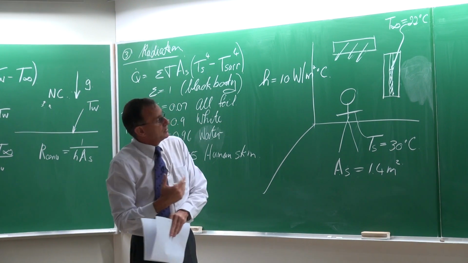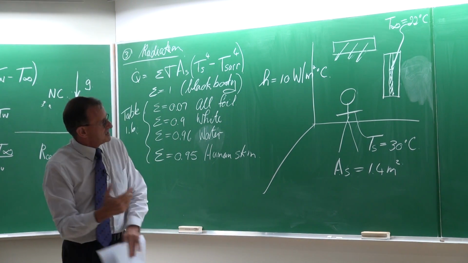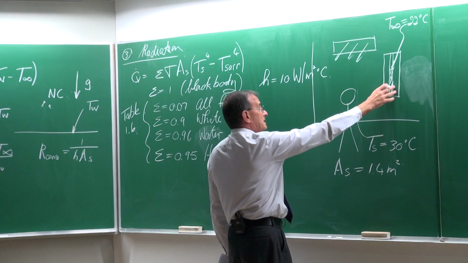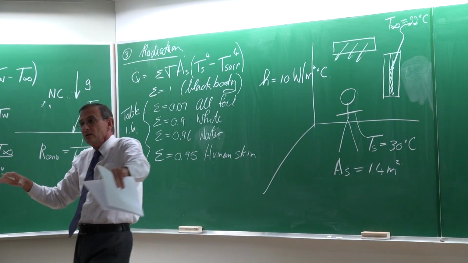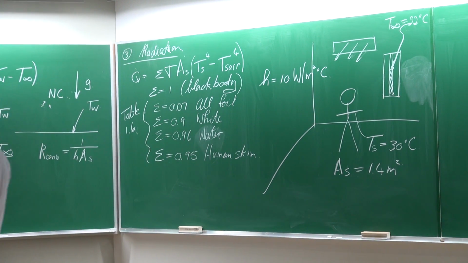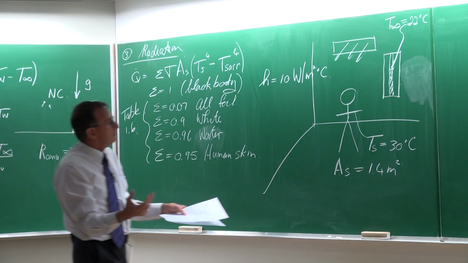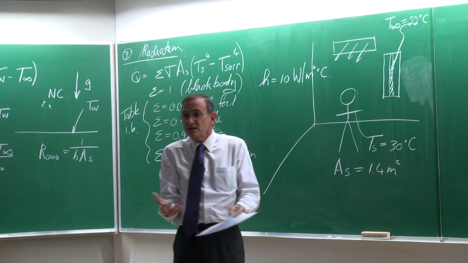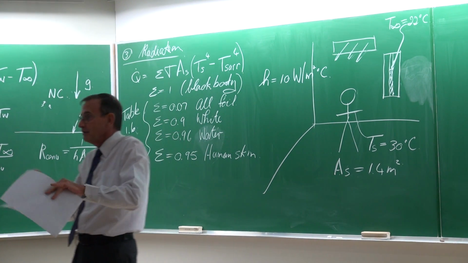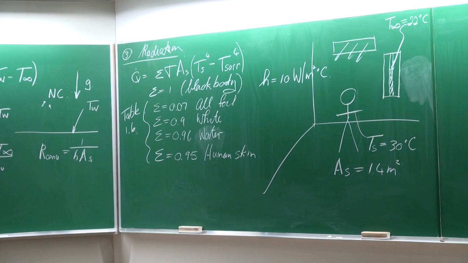And what you're going to experience in winter, you're going to stand in this room where the temperature is 22 degrees Celsius. You should be comfortable, but you'll feel chilly and cold. While in summer, you're not going to experience that problem. The temperature of the air around you is exactly the same.